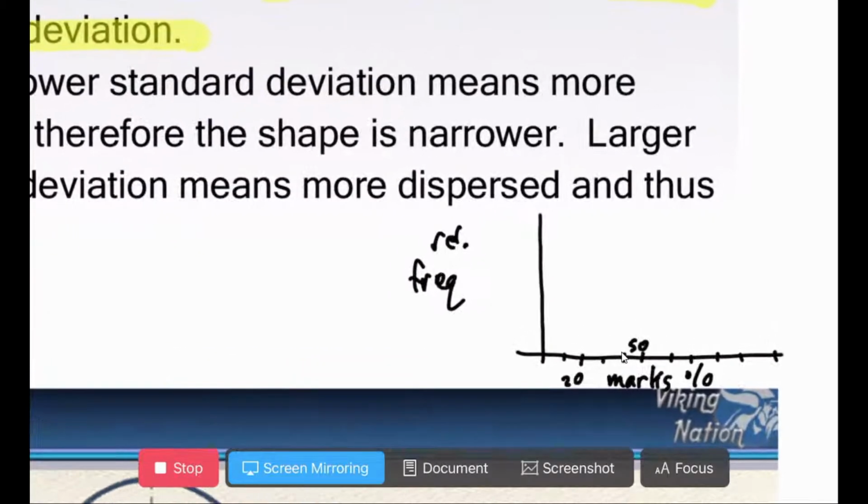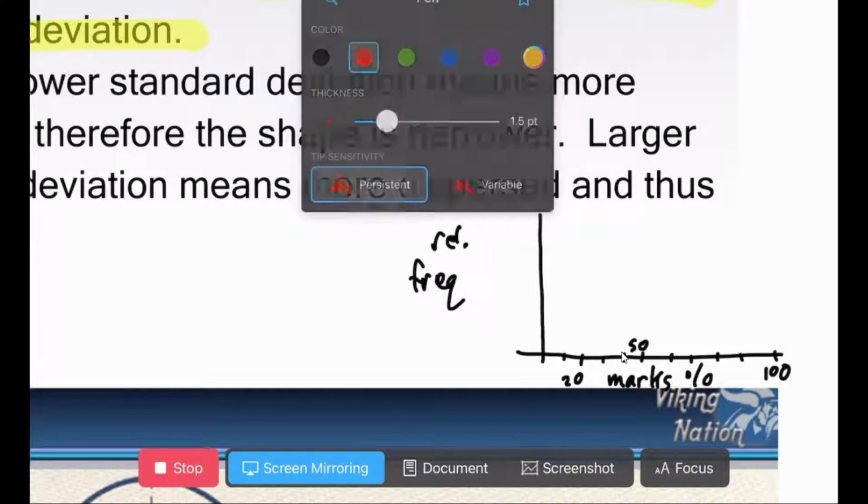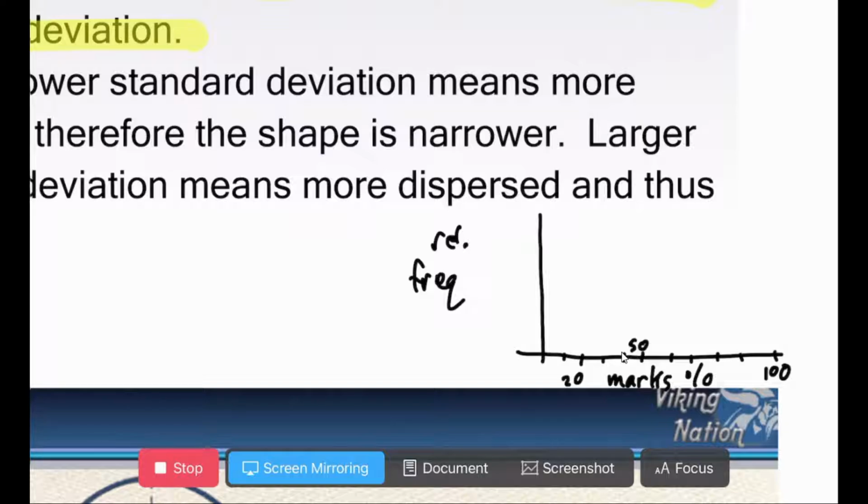This is the beauty of working with technology sometimes. We can infer the values that aren't shown directly. So let's say we have a weak class with an average mark of around 60%. And so our mean is going to be here.